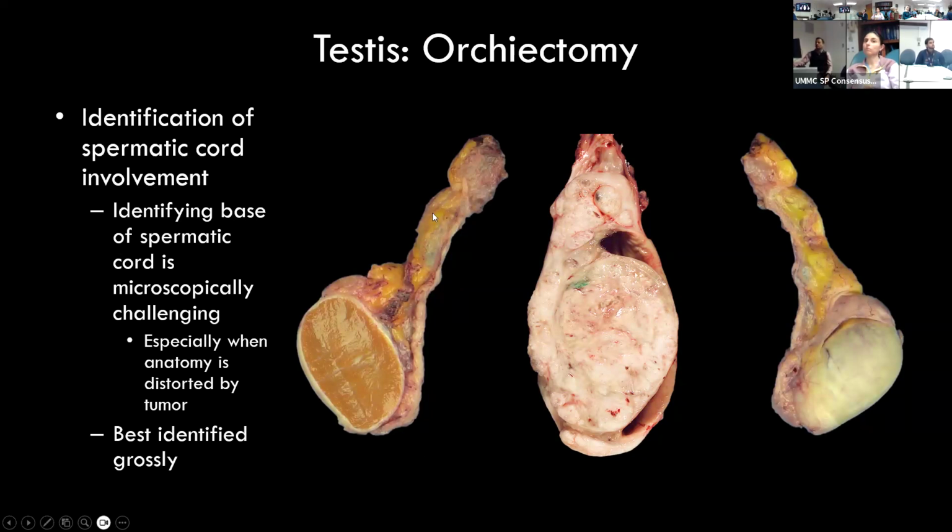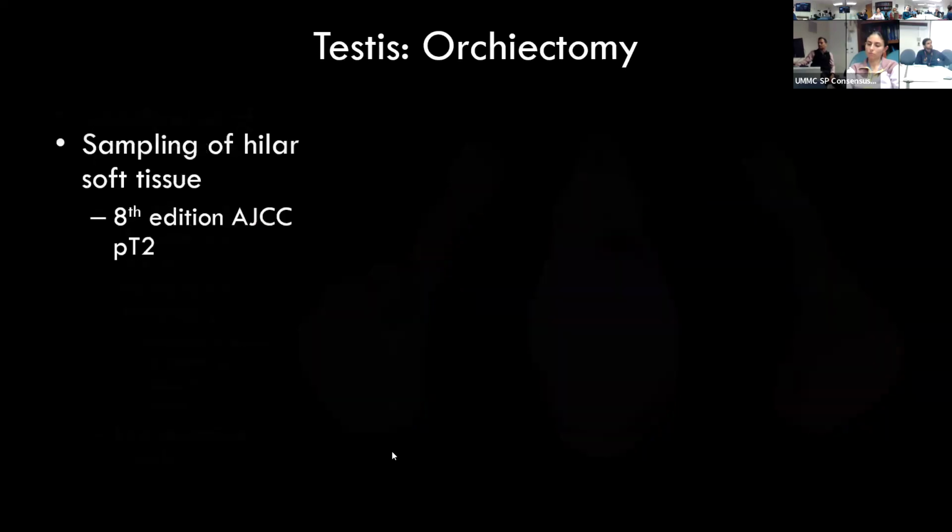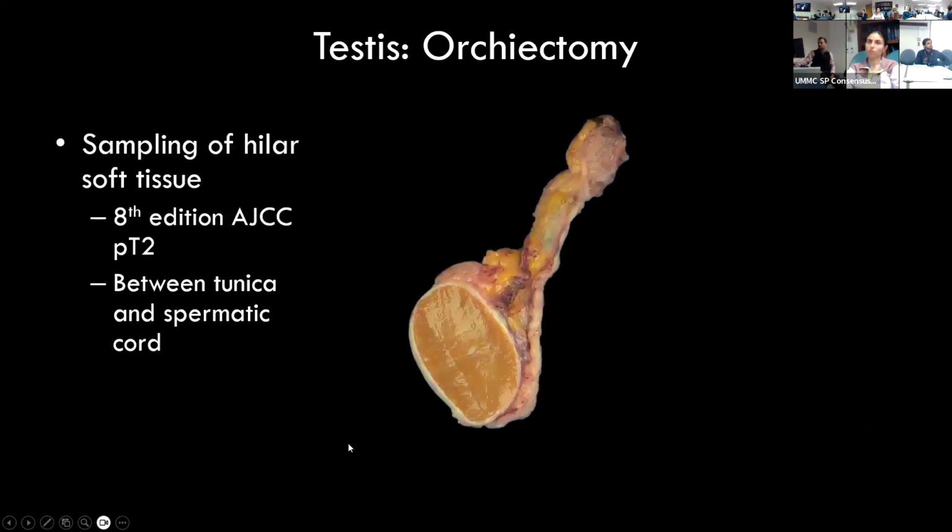That would be the area where the true spermatic cord starts. In this case, I know it's a little bit difficult to say, but I would say probably the spermatic cord started over here, and I would roughly estimate that this tumor has involved the spermatic cord. So this area would still be the hilar soft tissue, and anything beyond that will be spermatic cord.